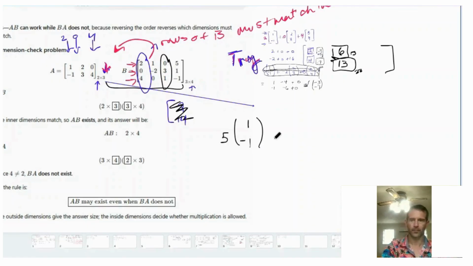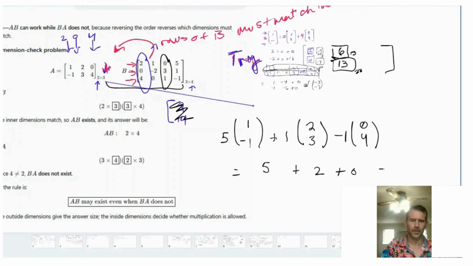Then matrix parentheses 1, negative 1. Then after that, 1 matrix parentheses 2, 3, and then negative 1 matrix parentheses 0 and 4. So that's going to be 5 plus 2 plus 0. And now, we had column 4. So that entry is going to be what?